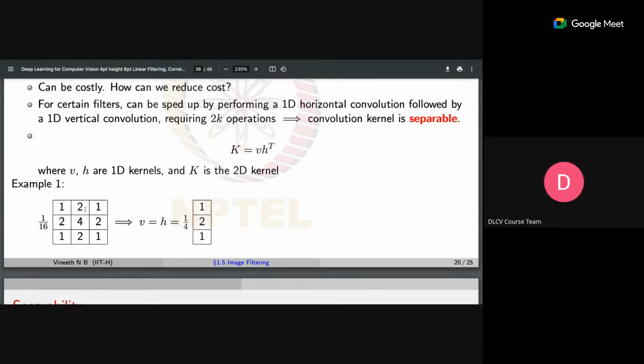So we can clearly see here that only one independent row or column exists for this matrix. That is the reason why you can represent it as an outer product.